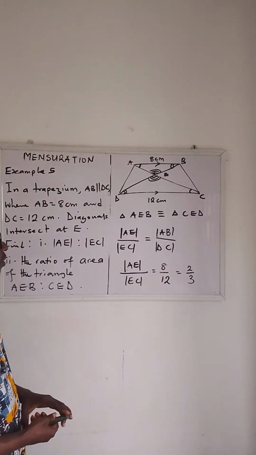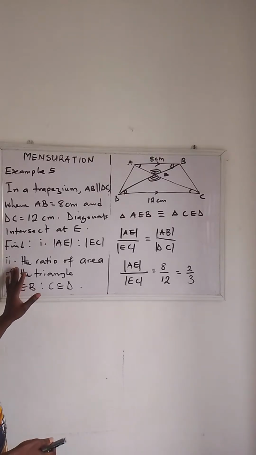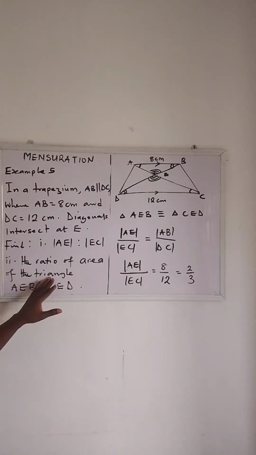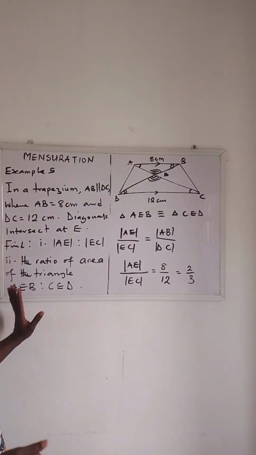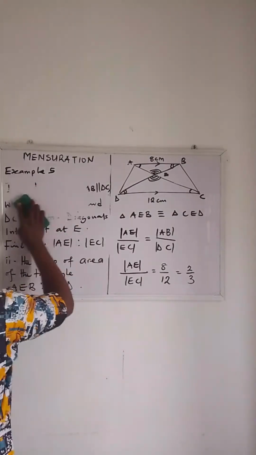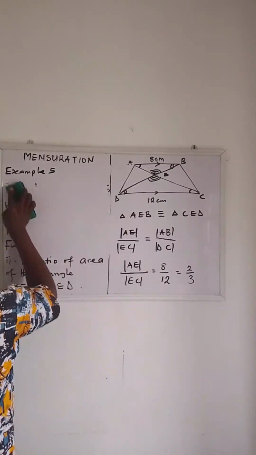Okay, so now let us look at the next one. The question asks you to find the ratio of the areas of the triangles, this triangle that we have here. What is the ratio of the area? So that is simple. What we just need to do here is this.